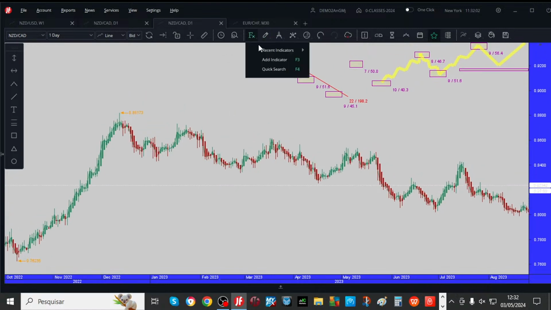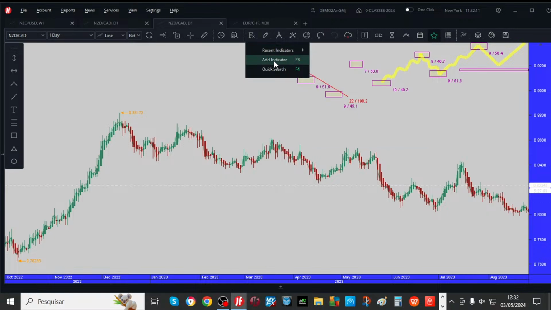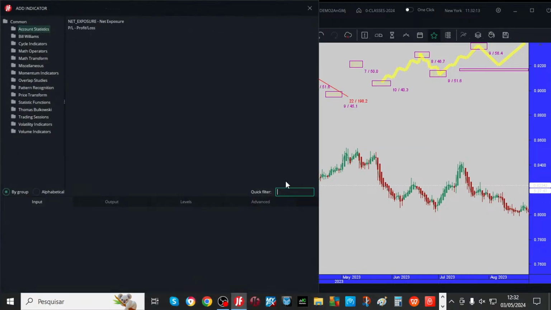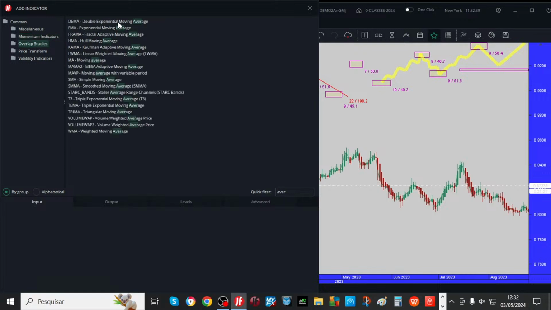Now the next one, not to get too complicated, would be moving average, exponential average, momentum indicators, no, overlap studies, double exponential moving average.